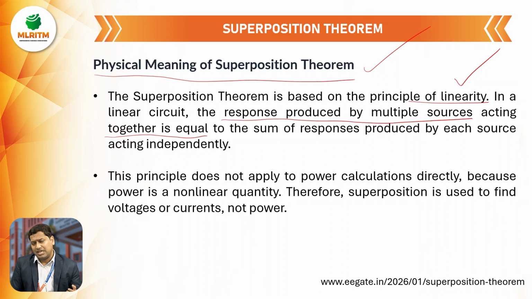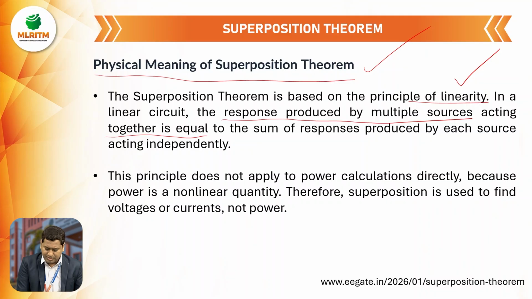I consider one acting alone, and the other is replaced by internal resistance, and I calculate the value. In the second case, the second source is acting and the other is replaced by internal resistance. I sum up those two values to get the current in that particular branch or resistance, whatever I need to calculate.